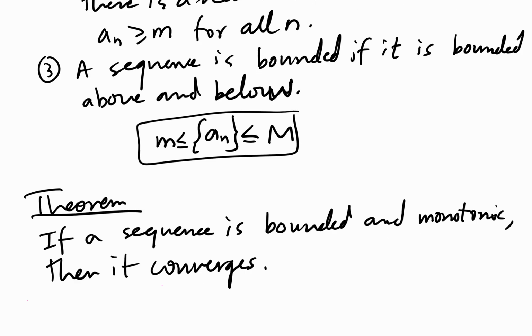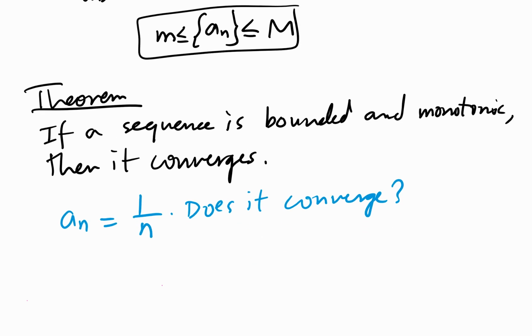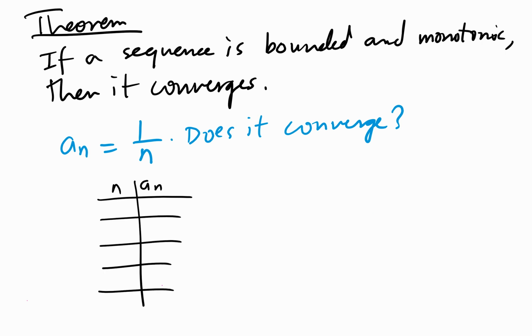Can we take a look at an example? Say a_n is 1 over n. Does this sequence converge or diverge? Well, let's see. First thing, if you start trying to analyze this sequence, pick values for n, say n equals 1, 2, 3, 4, 5.